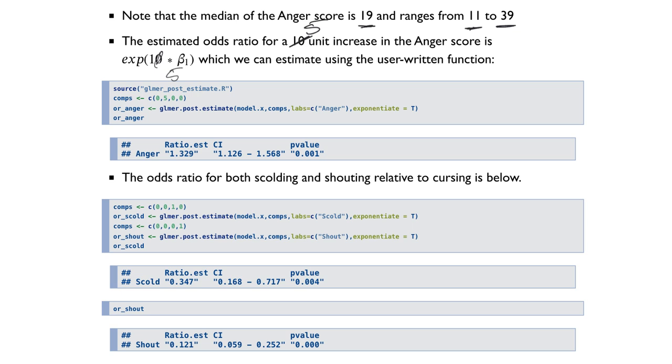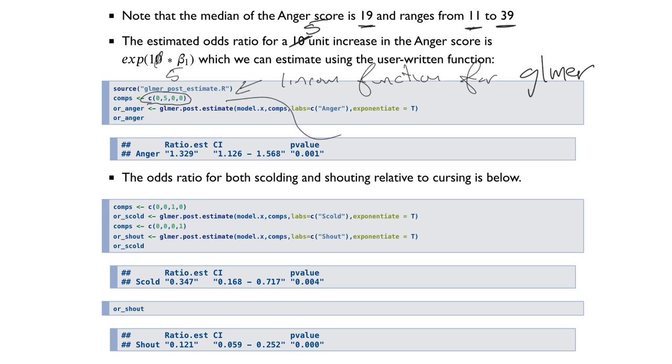What would I do? I just want to point out that I have this LINCOM. This is the LINCOM function for GLMER, so for nonlinear or generalized linear mixed effects models. And so I have to put a comparison. This is just what I multiply the coefficients by.